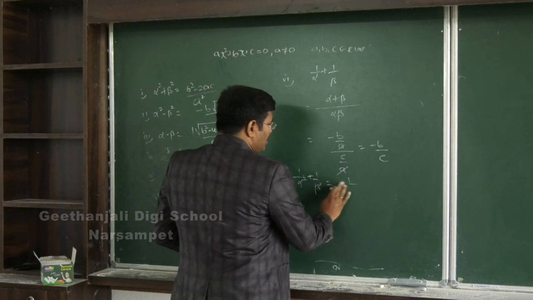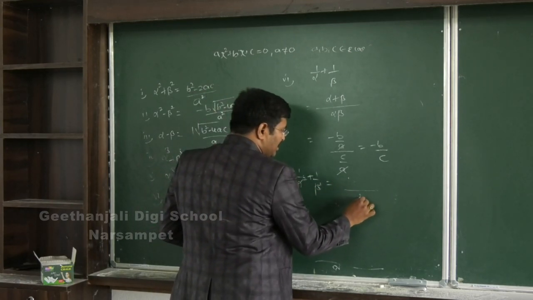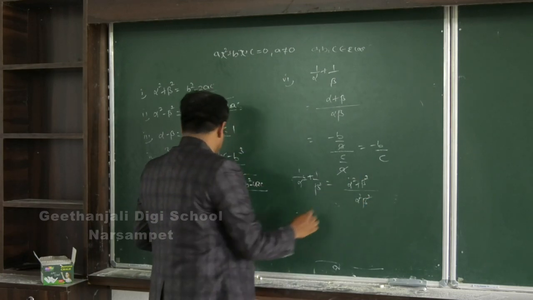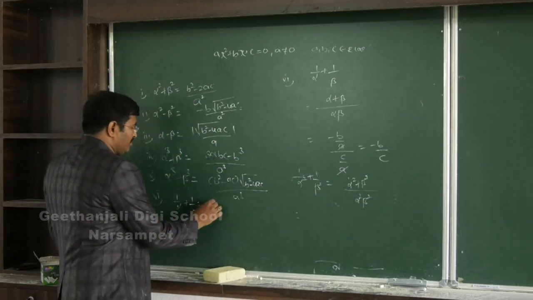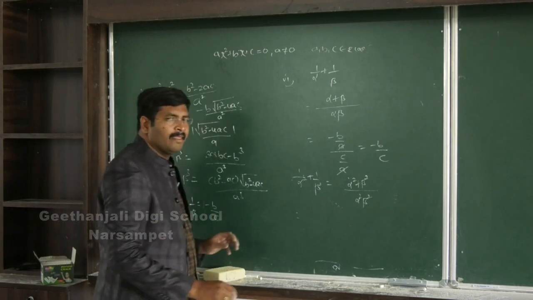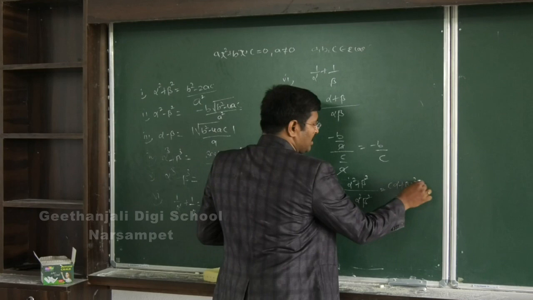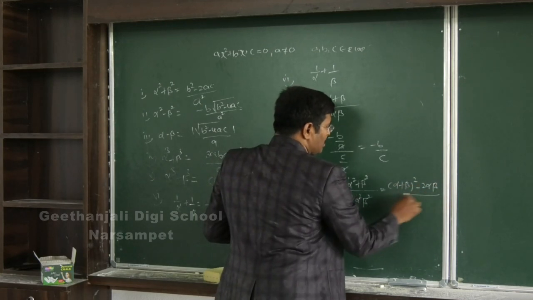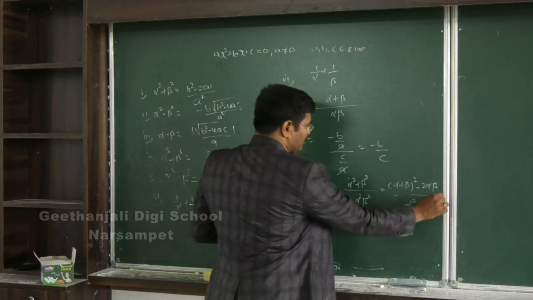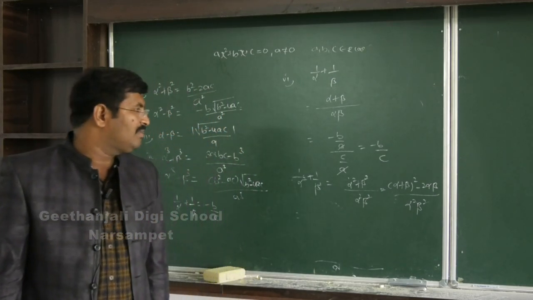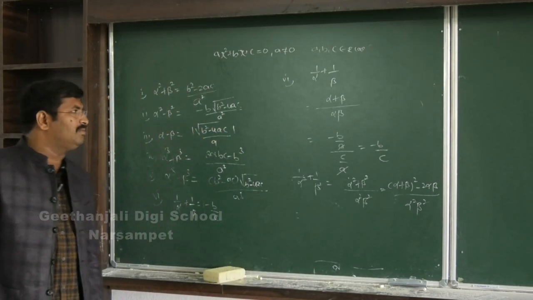In the same way, 1 by alpha square plus 1 by beta square, if you take the LCM alpha square beta square, you will get alpha square plus beta square in the numerator. Anyway, the value of 1 by alpha plus 1 by beta is minus b by c. This is equal to alpha plus beta whole square minus 2 alpha beta by alpha square beta square.